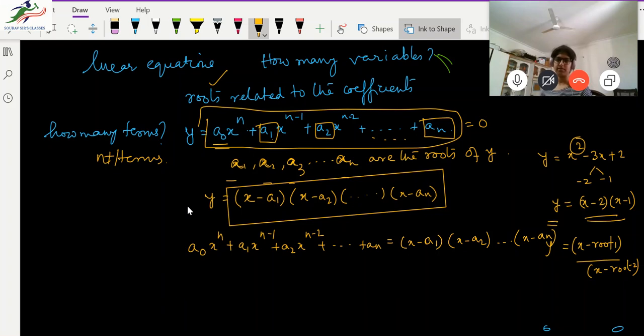Now, look at this equation. Here we have a total of n terms from a1 to an, right? We have a total of n terms. Now what we will do is we will equate the coefficients of the powers of x from both sides, right? So here you see that x into x into x into x into x.